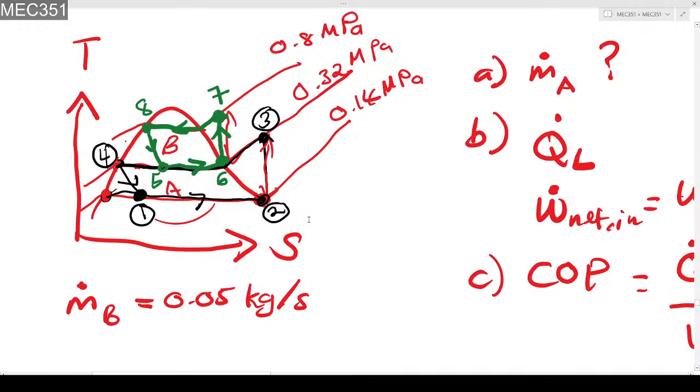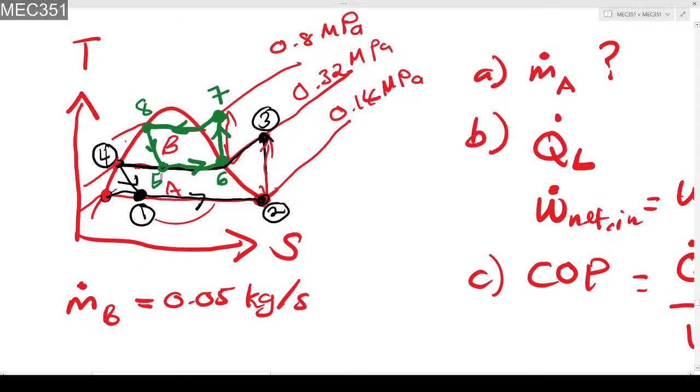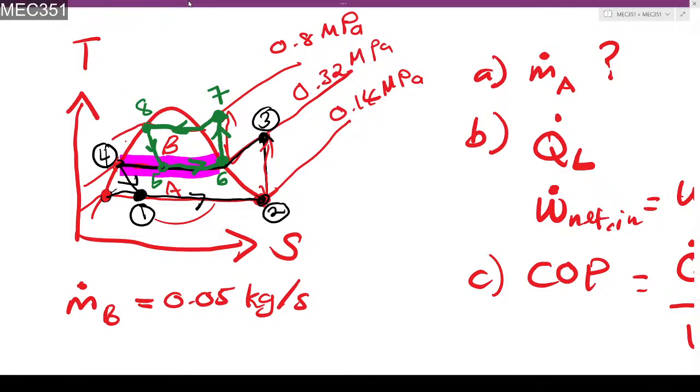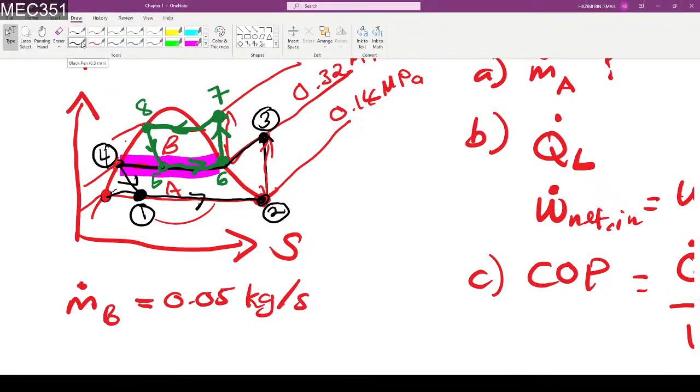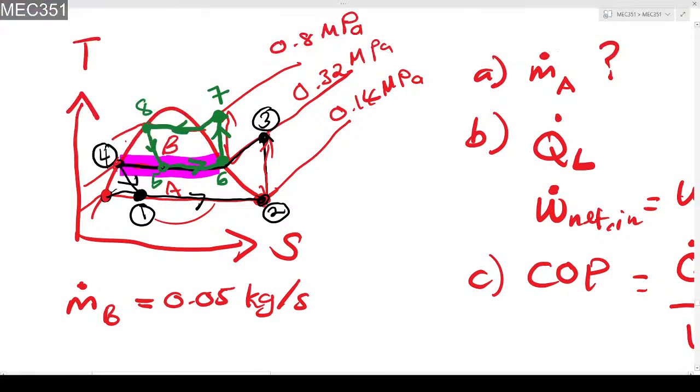So the heat transferred between cycle A and cycle B happens in the heat exchanger here. Before you forget, please write down the equation.